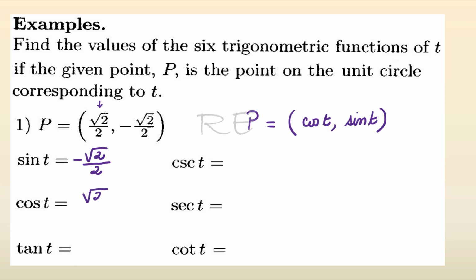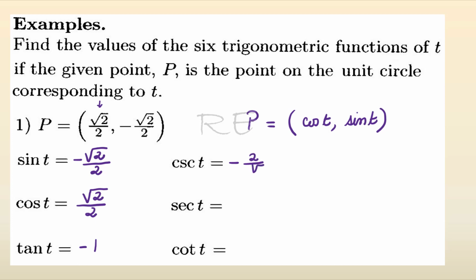Cosine t is x, cosine t is square root of 2 over 2. Tangent t is sine t over cosine t, so tangent t is -1.